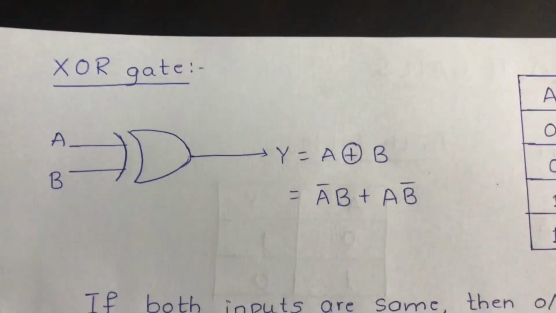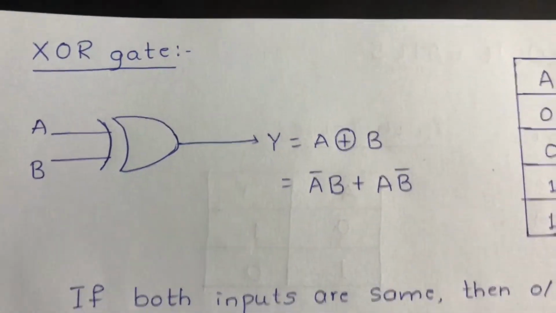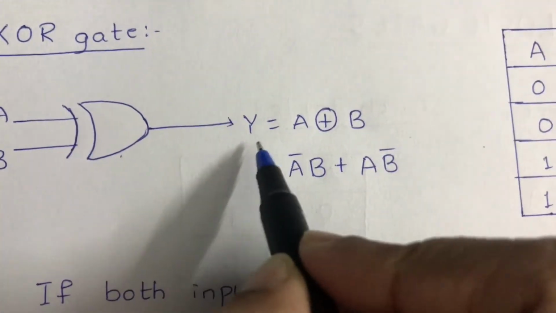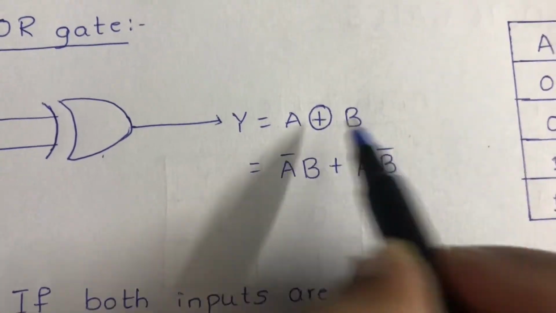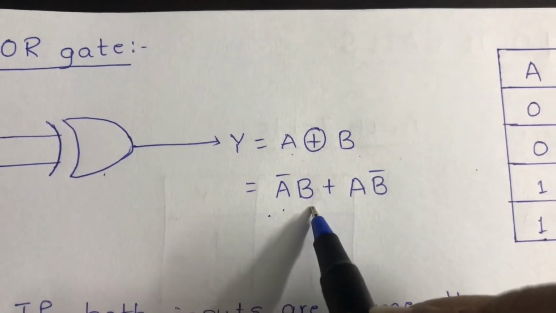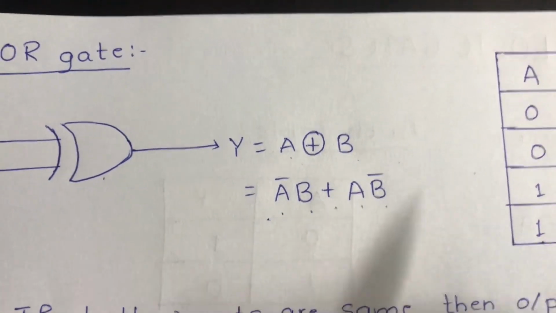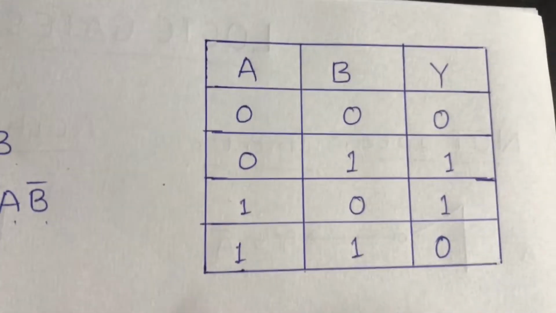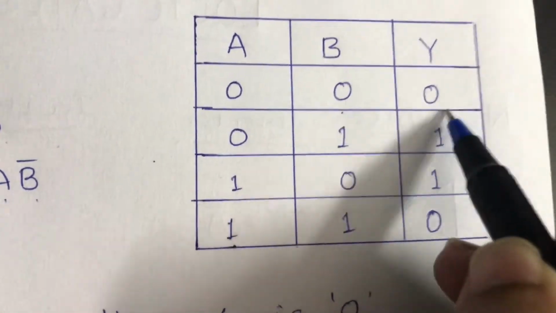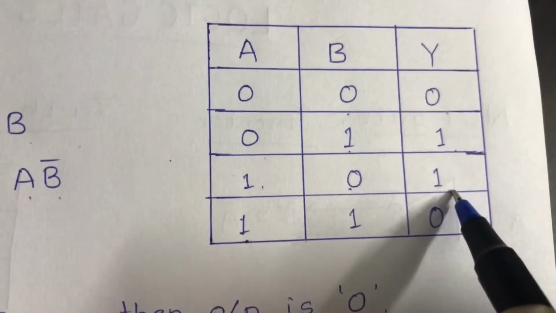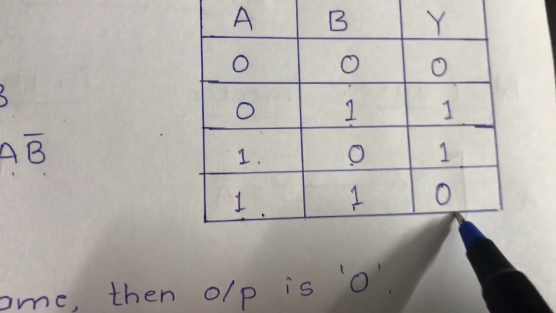So now let's see an XOR gate. This is the symbol. The Boolean expression is as shown, A XOR B, which is A bar B plus A B bar. And this is the truth table. 0, 0 will be 0, 0, 1 will be 1, 1, 0 will be 1, 1, 1 will be 0.